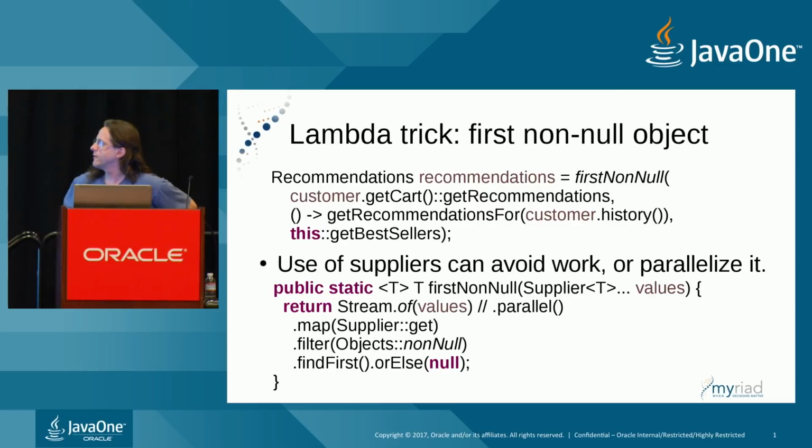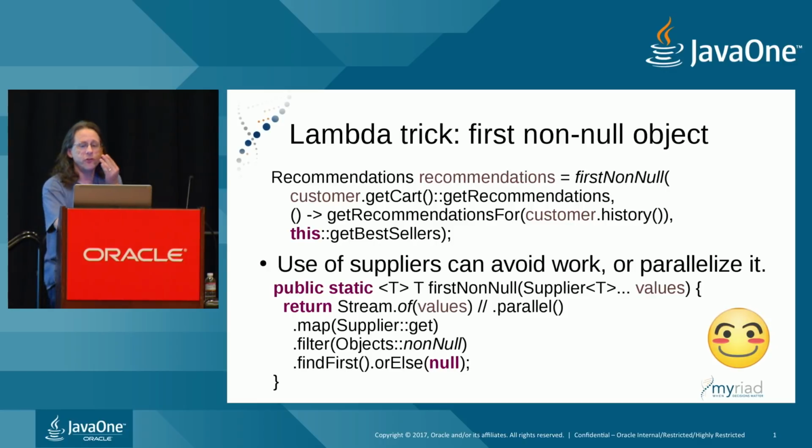Basically, you take the stream of the values that are passed in, which are really suppliers, and the first thing you do is invoke the get method, then filter out the ones that aren't null, and finally take the first element, and if nothing's present, I'll just return null. And because of the way that streams work, if I do this in serial, it's not going to do any extra work beyond what it has to. And if I do it in parallel, then if fork join works out the way we want, everything can get done quickly.